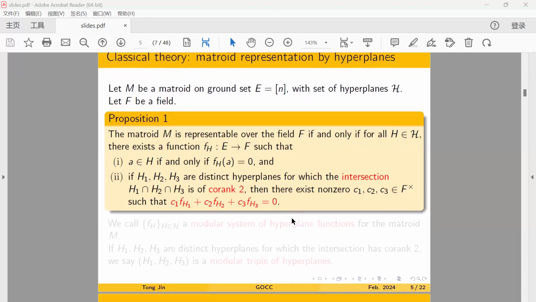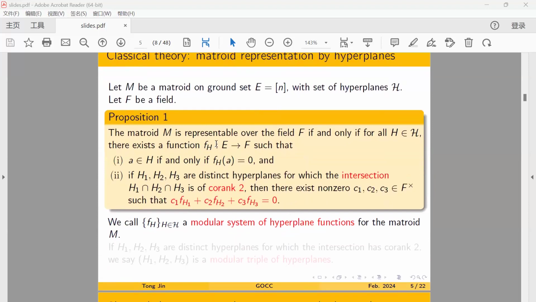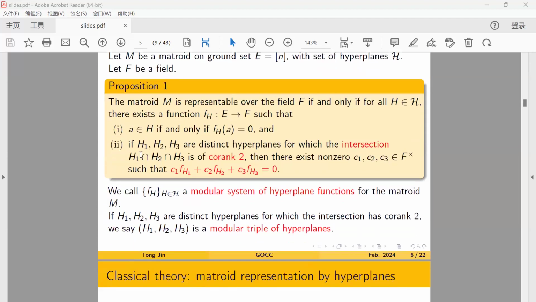Once we have those hyperplane functions, one for each hyperplane, we call the collection of f_H a modular system of hyperplane functions for the matroid M. In particular, in the second condition, if we have three distinct hyperplanes intersecting at a corank 2 flat, then we say the three hyperplanes form a modular triple of hyperplanes.